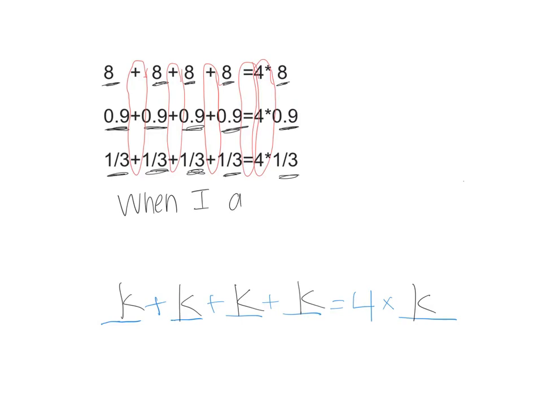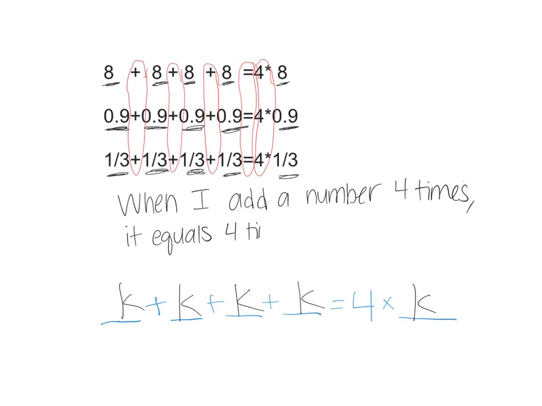So when I add a number 4 times equals, then I'll look and see, what do I have on this side? Well, every time I have a 4 times, so it equals 4 times. Then how do I get this number here? Oh, it's the same as here. So it equals 4 times that number.